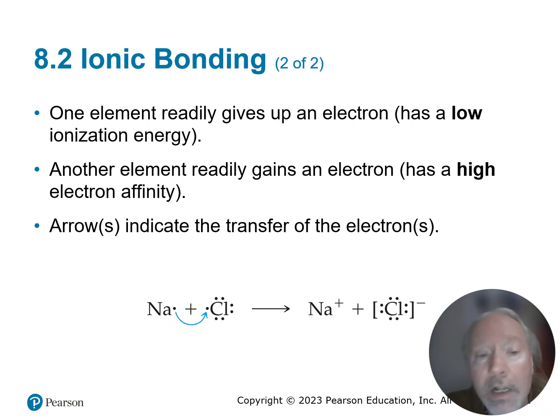And then we also have the high electron affinity of chlorine. So we're combining the two concepts of ionization energy and electron affinity. Chlorine has a very high affinity to gain an electron. In fact, it's exothermic and helps the release of energy in this reaction that you saw on the last slide.